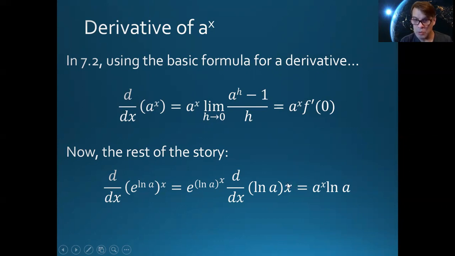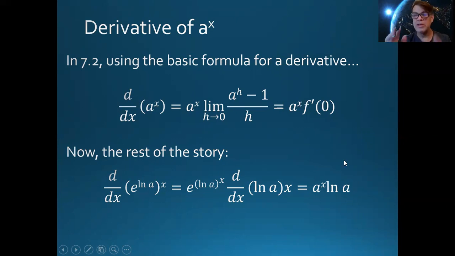When 1 is multiplied by the front, and you go n minus 1, 1 minus 1 is 0, and anything to the 0 is 1. So we're left with 1 times 1. I didn't need to review that for you, did I? The derivative of x with regard to x is 1. And so 1 times that is that. So now we have it. Now we know, by the way, what that f prime of 0 actually was. It's the natural logarithm of a.